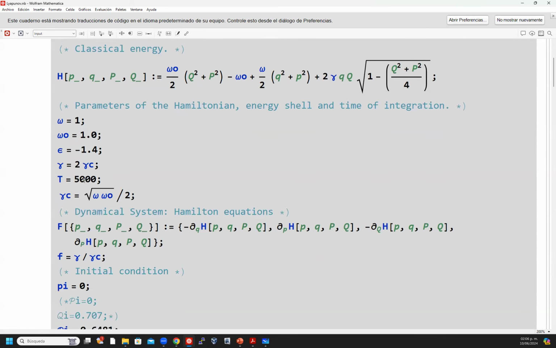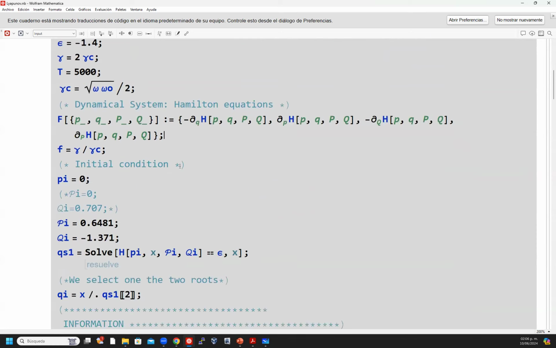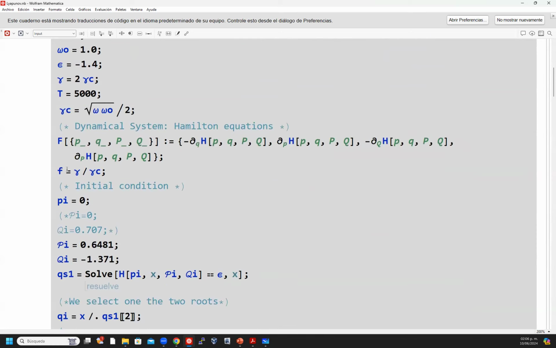For example, here my time is 5,000. Then the equations, right? Here I write one way to check the Hamilton equations in a symbolical sense. I define this ratio f just to say, okay, in this case f is 2.